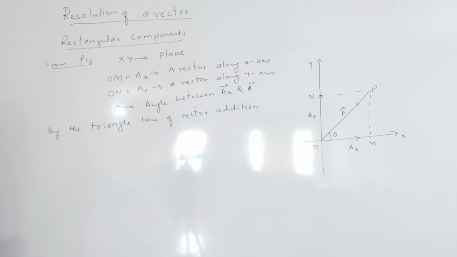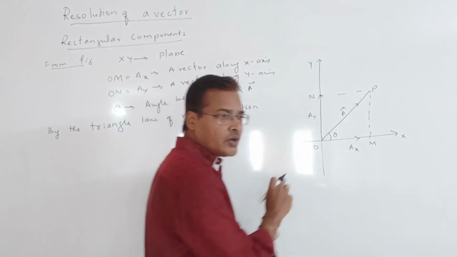If two vectors are represented both in magnitude and direction by the two sides of a triangle taken in order, then their resultant vector is represented both in magnitude and direction by the third side of the triangle taken in opposite order.